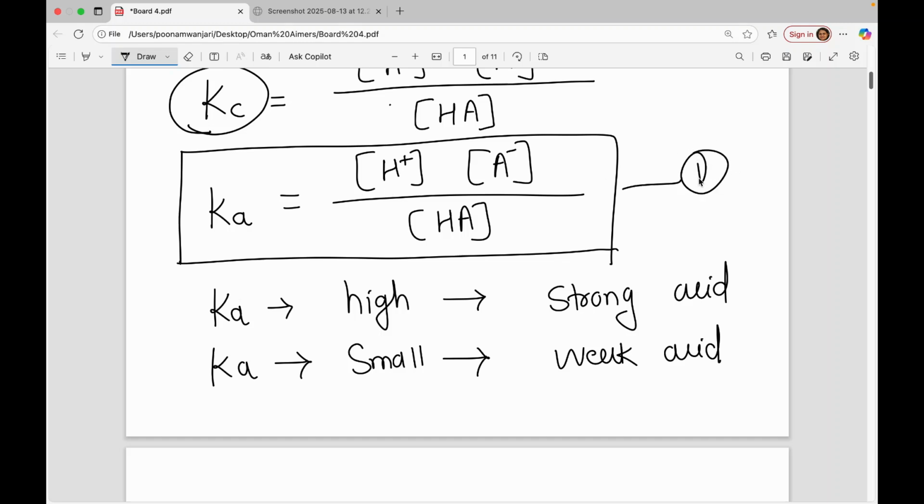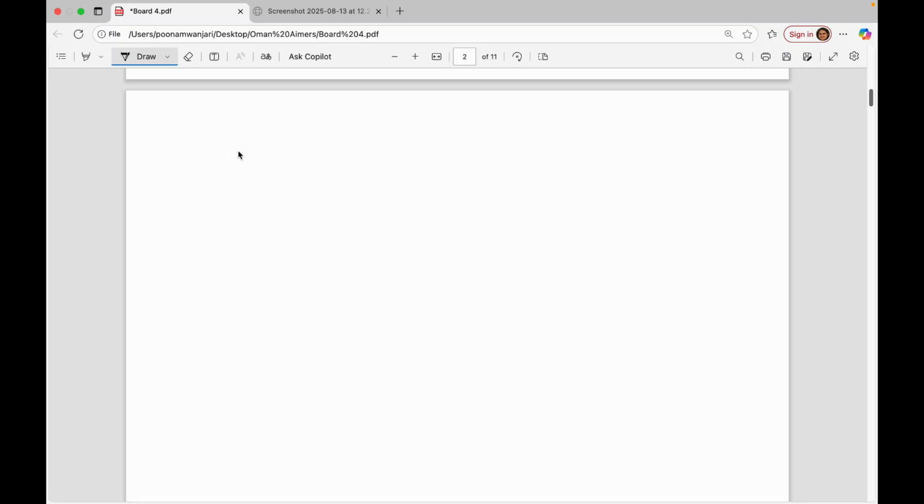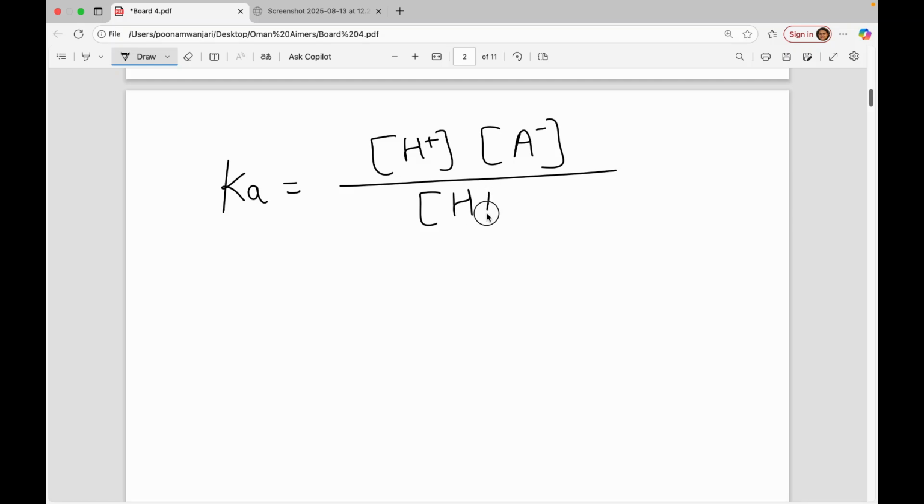But when you have to find the pH, we need to rearrange these equations and some changes will be there. Let us start. Now the dissociation constant Ka is equal to the concentration of H plus and the concentration of A minus divided by the concentration of the acid.